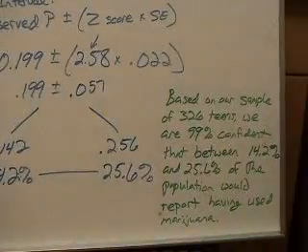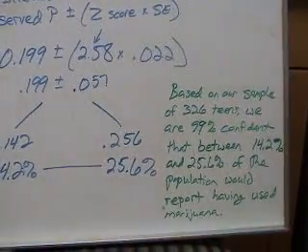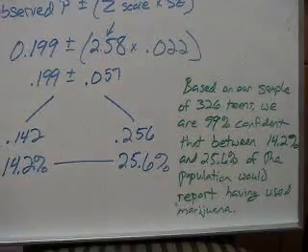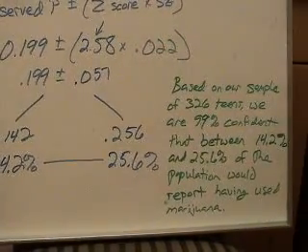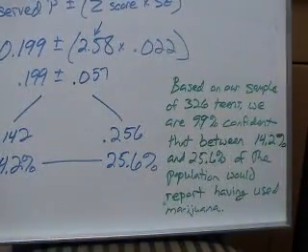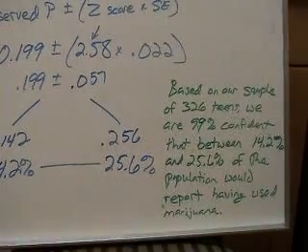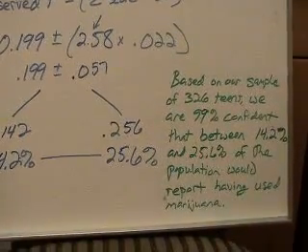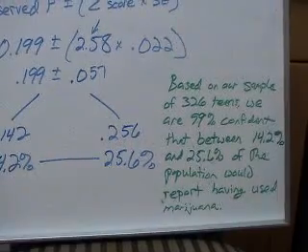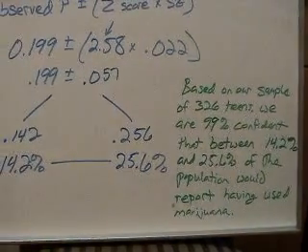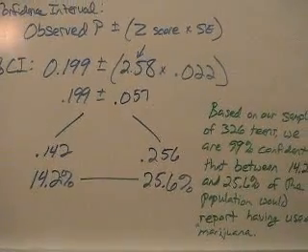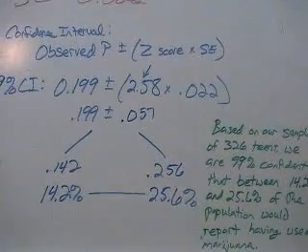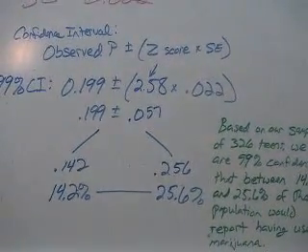Now let's put that into narrative form. Based on our sample of 326 teens, we are 99% confident that between 14.2% and 25.6% of the population would report having used marijuana. That's how you calculate a confidence interval and how you express it in narrative form. And that's what you have to be able to do for your exam.